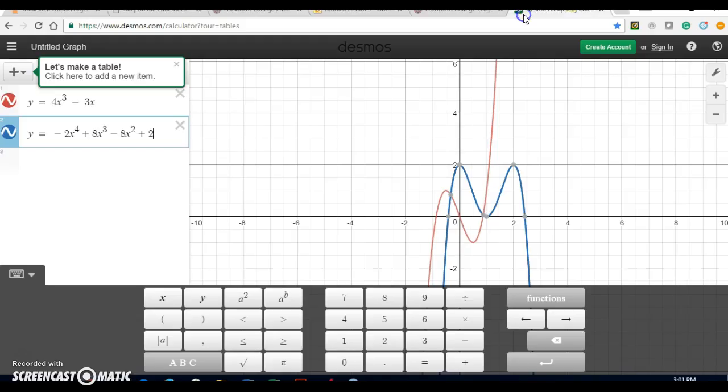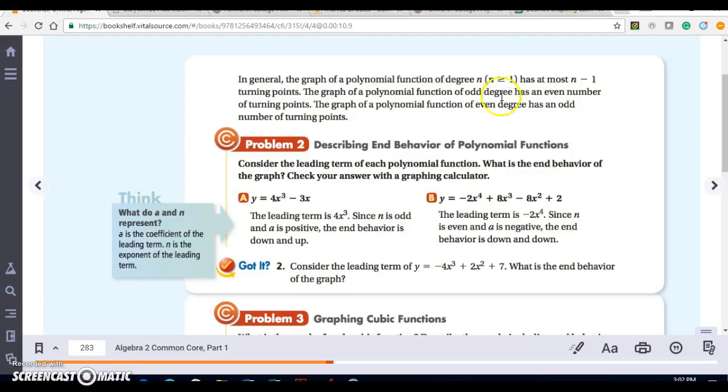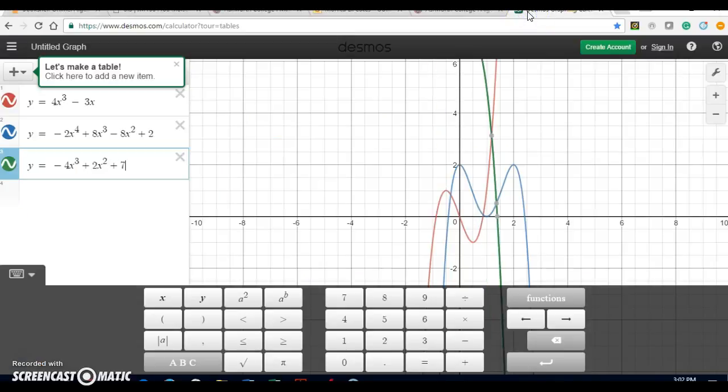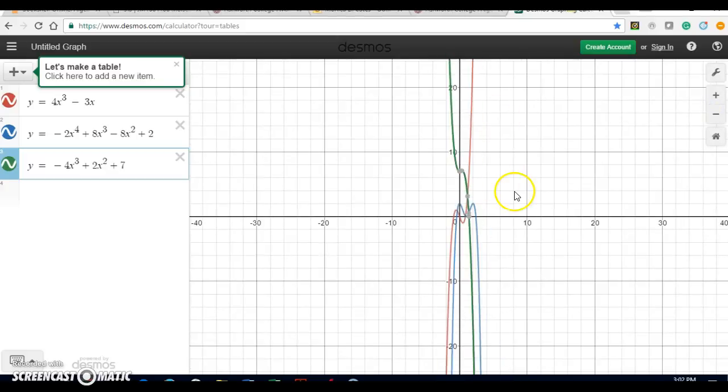Y equals negative 4x to the third plus 2x squared plus 7. Okay, well, that one's harder to see, but let's see if I can zoom out. There we go. Okay, and so notice it's going in the opposite direction, and I hope that this helps.